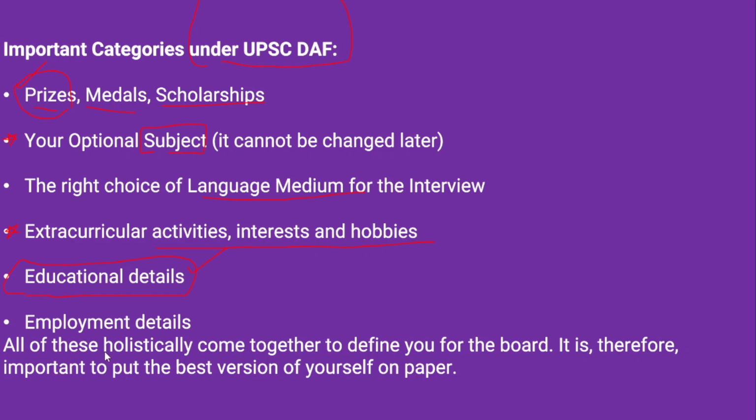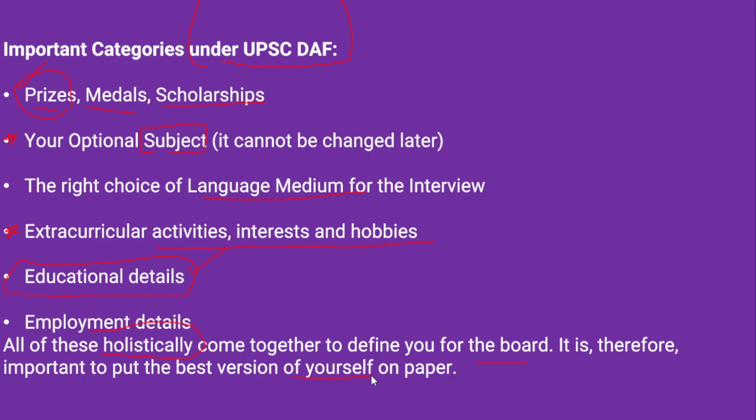All these things which we have discussed holistically come together to define you for the board. So it will overall define you for the board. Therefore it is important to put the best version of yourself on paper.